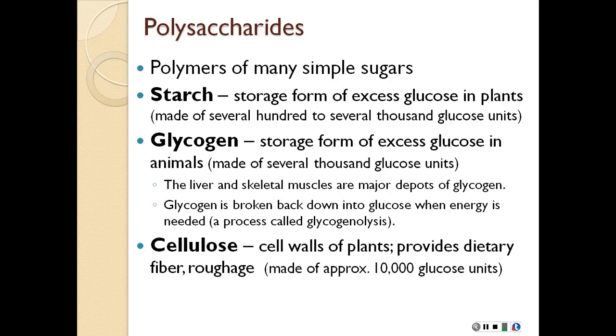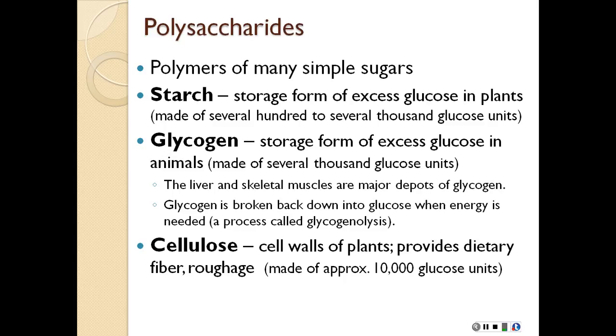Okay? So as much as possible, try to visualize this so it makes more sense to you. So glycogen is the storage form of excess glucose in animals, whereas plants store excess glucose in the form of starch.